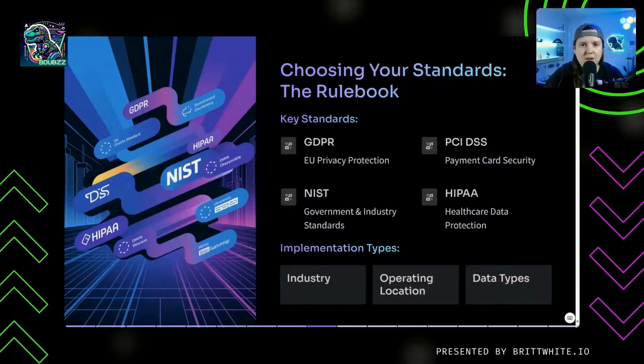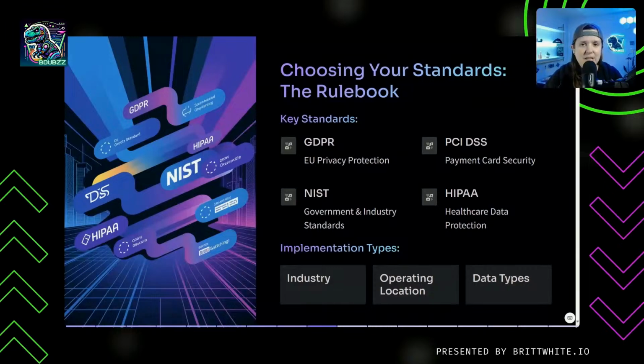There's the GDPR, which stands for General Data Protection Regulation. This one is the gold standard for privacy protection in the EU. If you handle EU citizens' data, you need to know this one inside and out as it has very strict requirements for data protection and privacy.